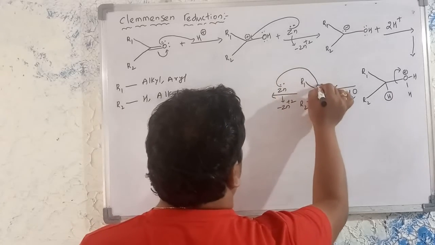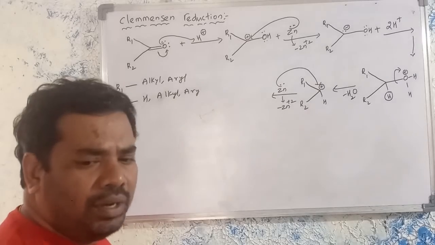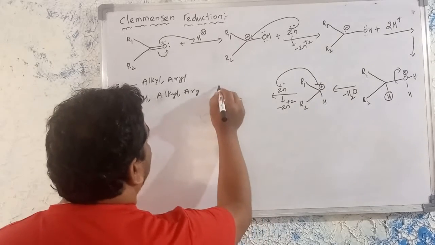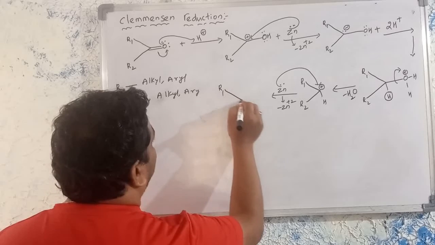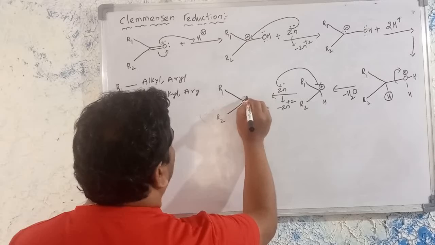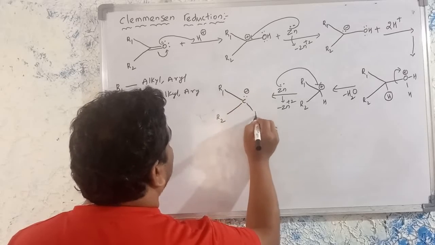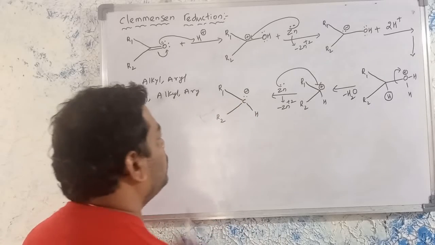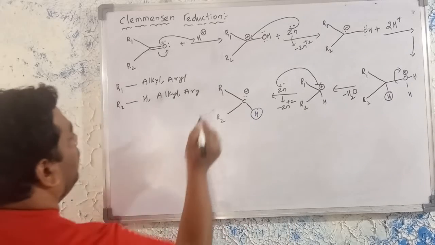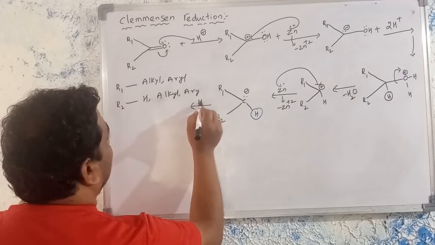It donates electrons to the electron-deficient carbonyl carbon, and again this carbon gets a partial positive charge, partial negative charge. Hydrogen is added here. Then again it reacts under acidic conditions.